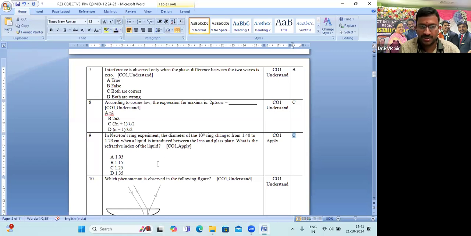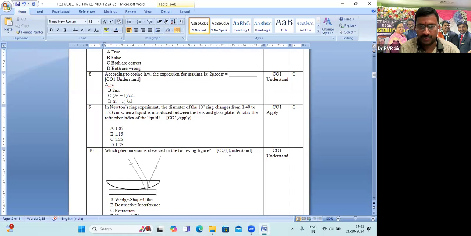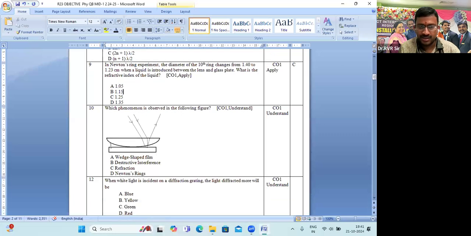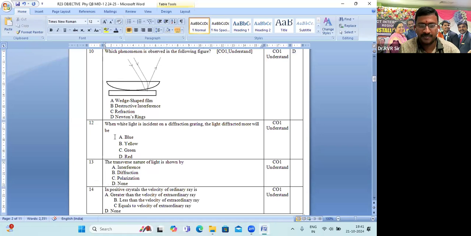That is nothing but option C. It is 1.25. Now coming to the next, which phenomenon is observed in the following figure? It is very much familiar to you, that is Newton's rings experiment, and the phenomenon is nothing but Newton's rings. The answer is option D.